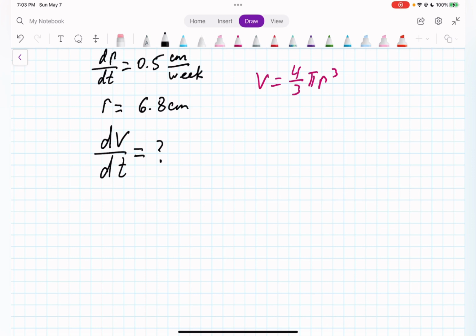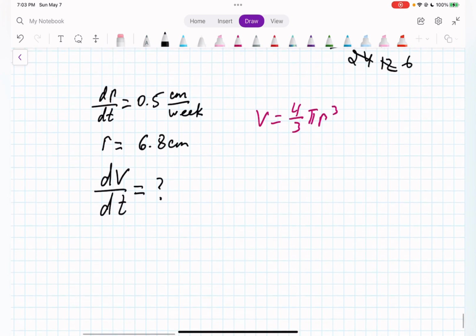So dV/dt is equal to 4 over 3 pi. Now we take the derivative of r also, because the radius is also increasing. Therefore, it's going to be d/dt of r cubed, yes?